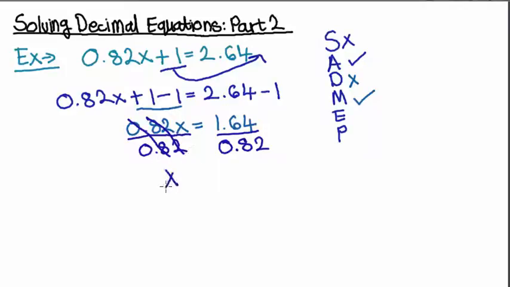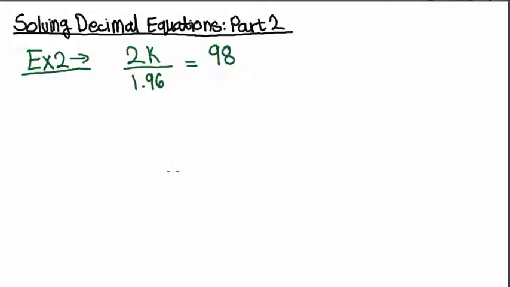So now I have the variable x all by itself. On the other hand, I have 1.64 divided by 0.82. Now I leave it up to you to verify this, but when you divide 1.64 by the number 0.82, you will get 2.